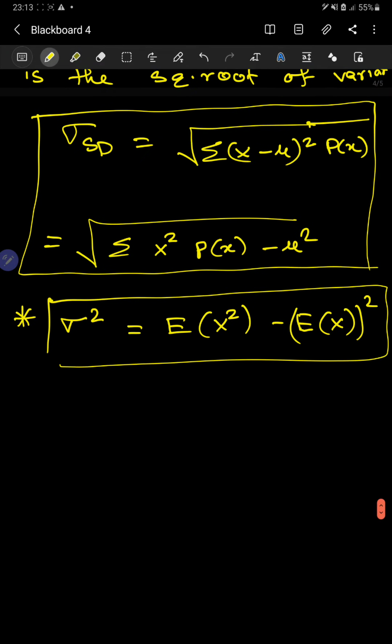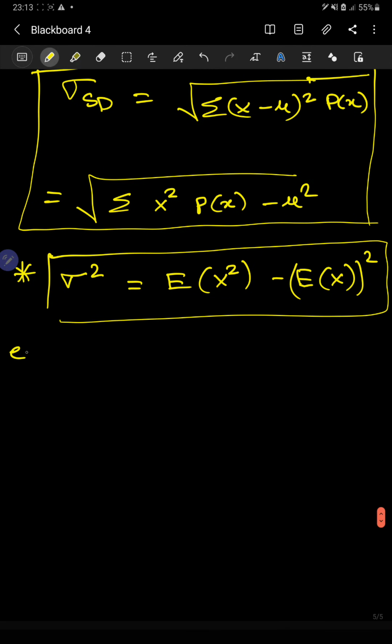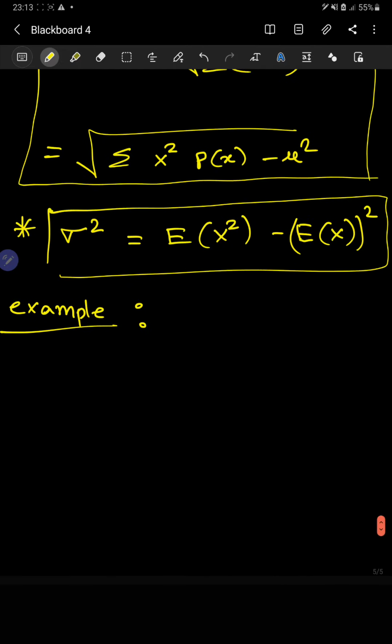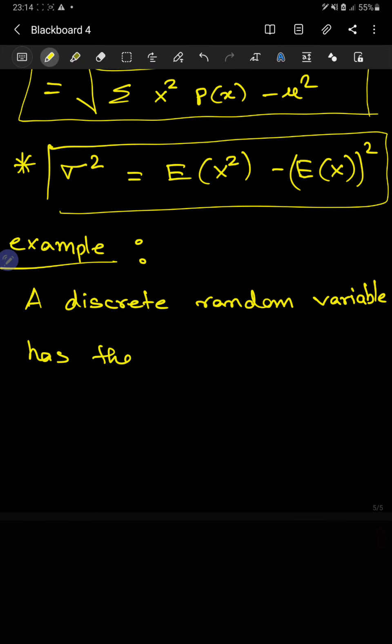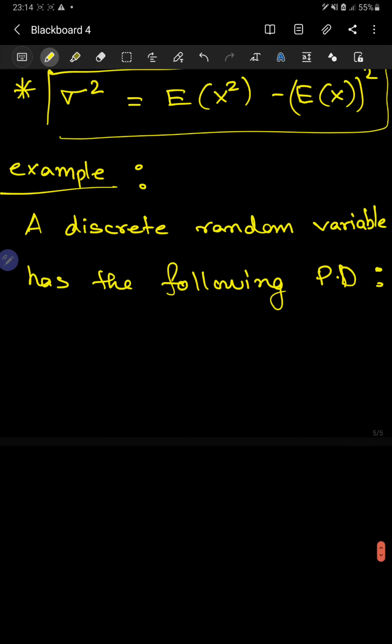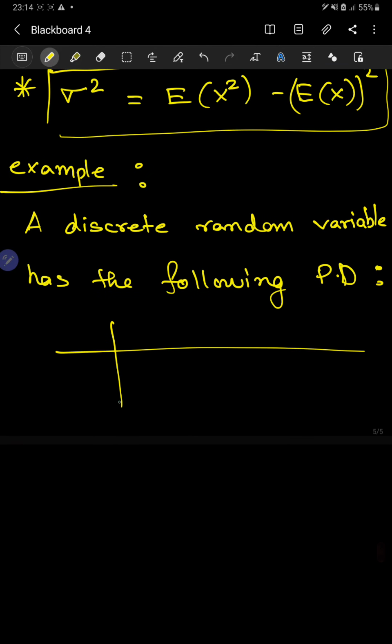Okay. So now that we have learned all the tools, let's see an example. So let's say a discrete random variable has the following probability distribution, for these values of x, we have the probability.